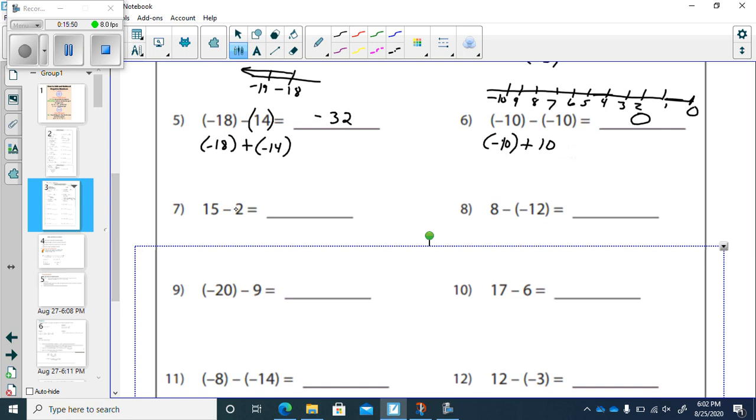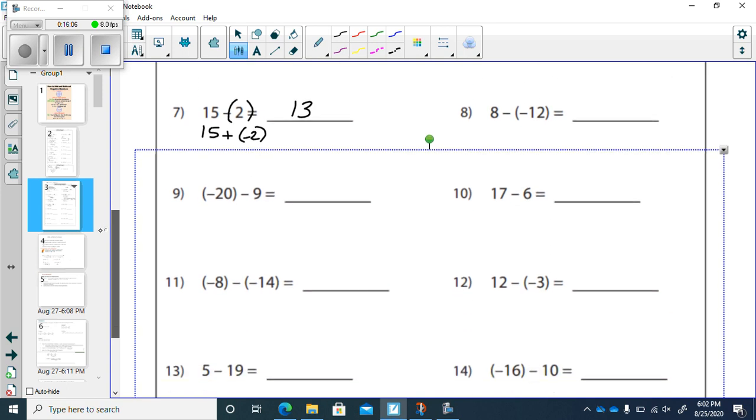Number 7, 15 minus 2, well, we all know that's 13. But if you weren't sure, you could rewrite it. 15, remember you change your sign here because you're adding an opposite. Notice this is a positive 2, so you're adding a negative 2. 15 plus a negative 2 is a positive 13. Negative 20 minus 9, our starting place is negative 20.